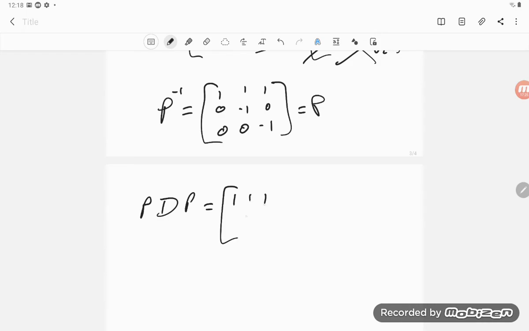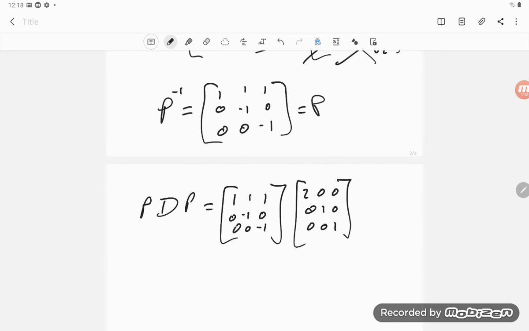Okay, that's 1, 1, 1, 0, negative 1, 0, 0, 0, negative 1 times D, 2, 0, 0, 0, 1, 0, 0, 0, 1. Okay, our diagonal matrix with eigenvalues in it, and then times 1, 1, 1, 0, negative 1, 0, 0, 0, negative 1.